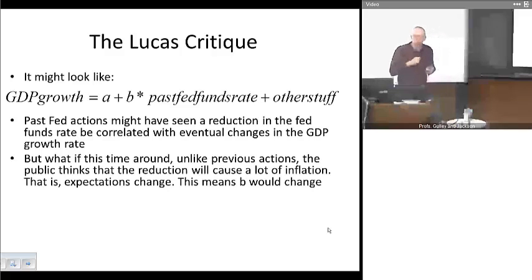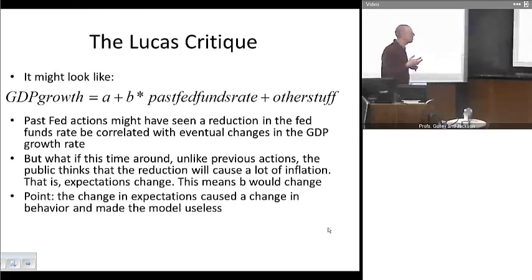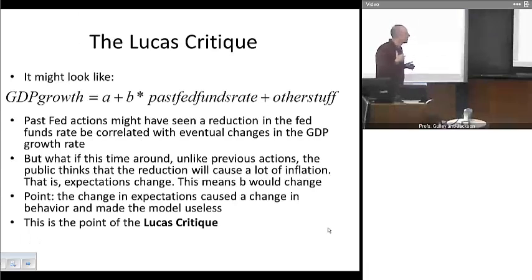Well, this might cause the coefficient, the little b in our example, to become different than it used to be, that was estimated by the Fed and their economists. What might happen here is that the model won't be of any value because it won't correctly predict the change in GDP growth, because the relationship between the federal funds rate and GDP growth has changed, because people's behavior has changed. And their behavior has changed because their expectations have changed.